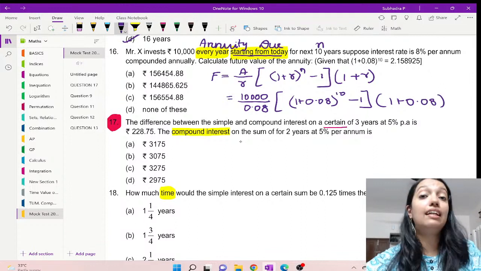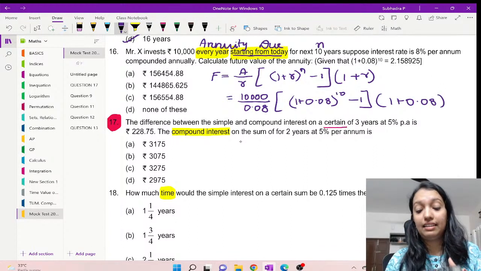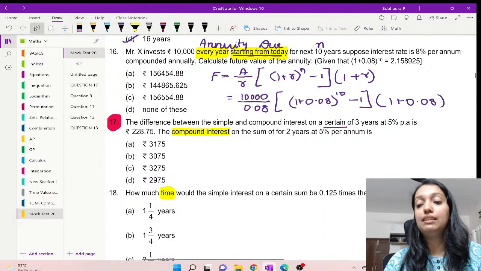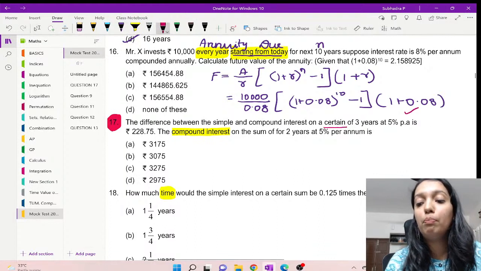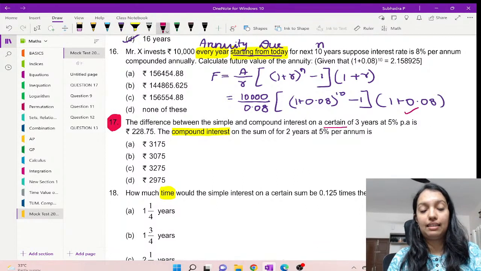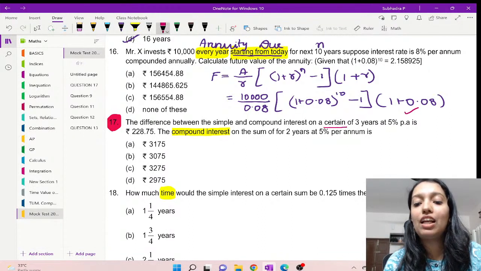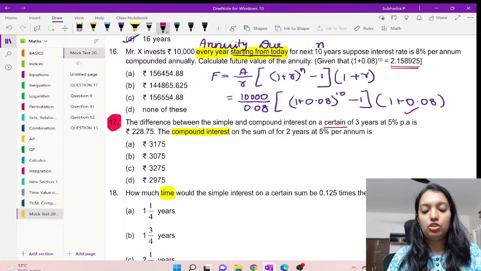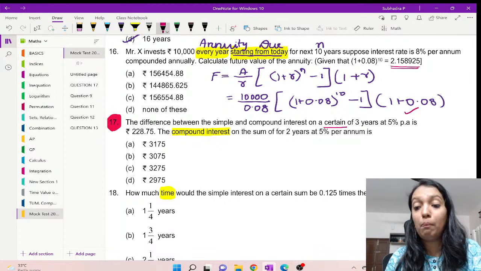We'll do this directly in the calculator. Please take your calculators in the hand. So 1 plus 0.08 will be 1.08. Take that in the calculator, 1.08 into, what is this value? They have directly given in the question as 2.15. So 2.15 minus 1. So what you have to multiply? 1.158925.